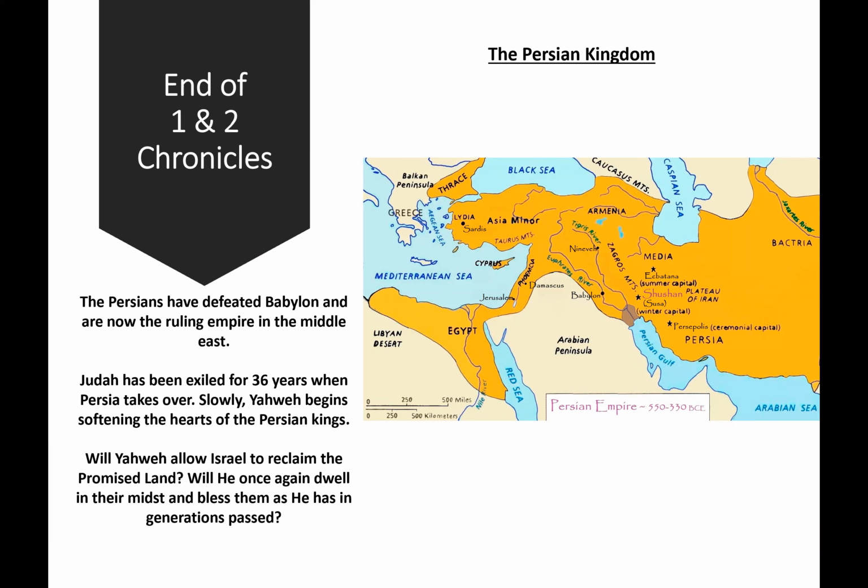The Persian kingdom has taken over the Babylonian kingdom and even expanded that even further. And so Judah has been in exile since 586 BC, and they're stuck in Babylon, wondering if they'll ever be able to go back to the land that God had promised them, the land that he allowed them to be taken out of because they broke his covenant.